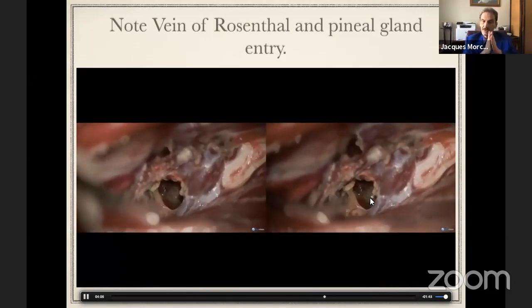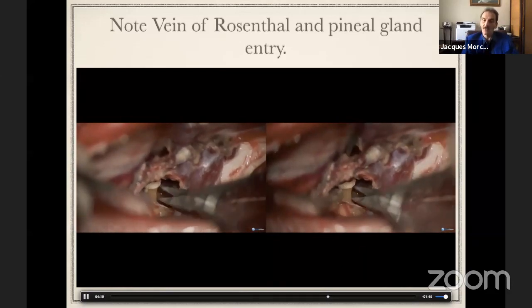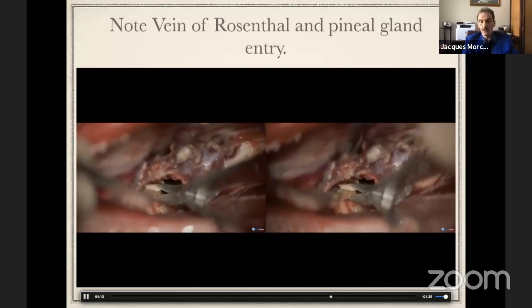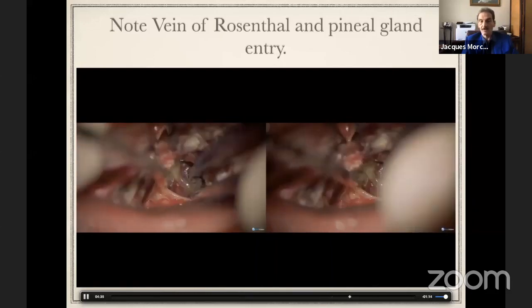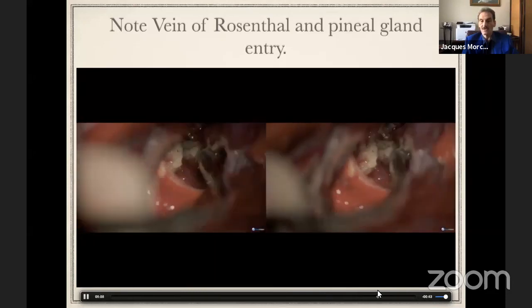Look at our trajectory. It's just perfect down the axis of the cavernoma. No retraction, no self-retaining retraction on the occipital lobe, simple gravity. And the rest is the same for every cavernoma I'm going to show you. It's the same principle.